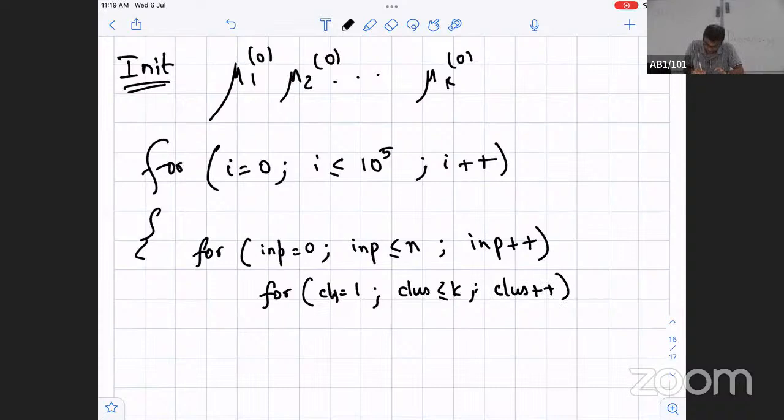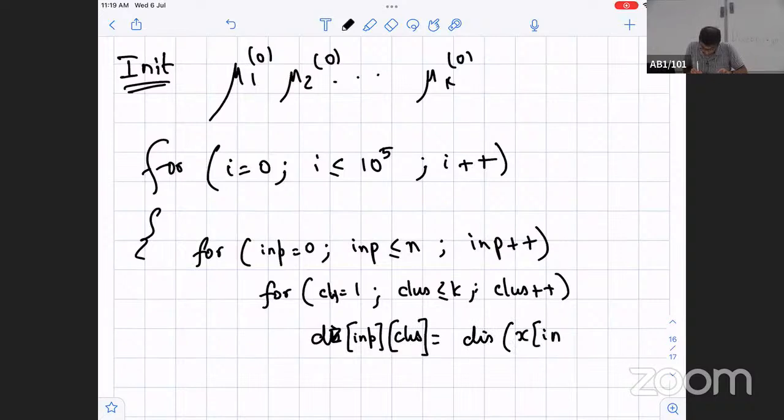Let's say clusters is going from 1 to k. Now I will compute the distance between input and cluster. This is equal to distance between x input and mu cluster.